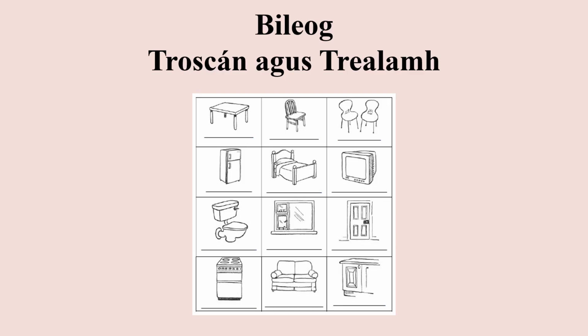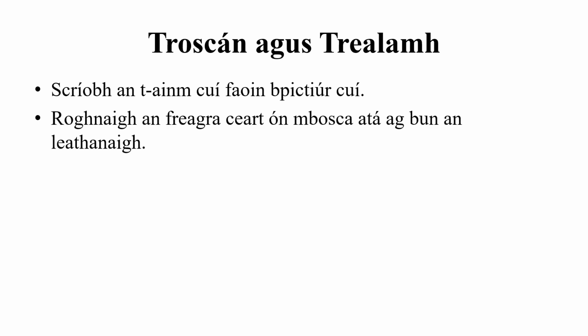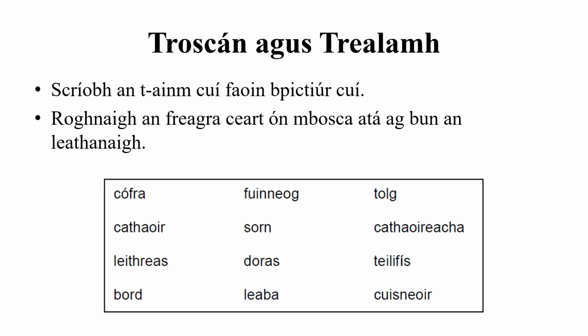You'll need the handout Troscán agus trealamh for this activity. Write the correct name under the appropriate picture. Choose the correct answer from the box at the bottom of the page.